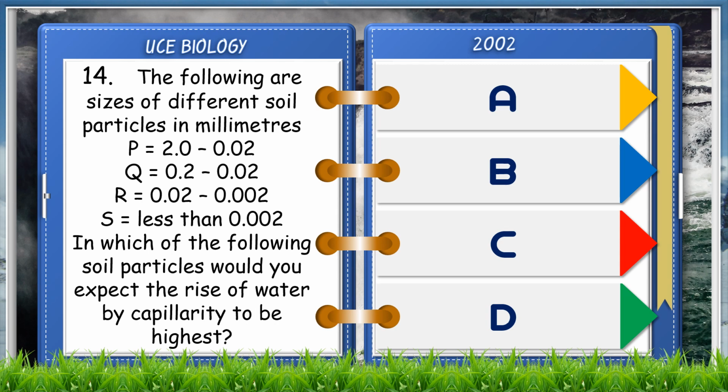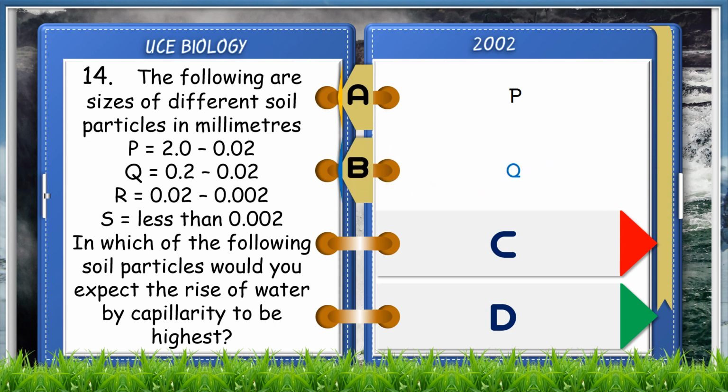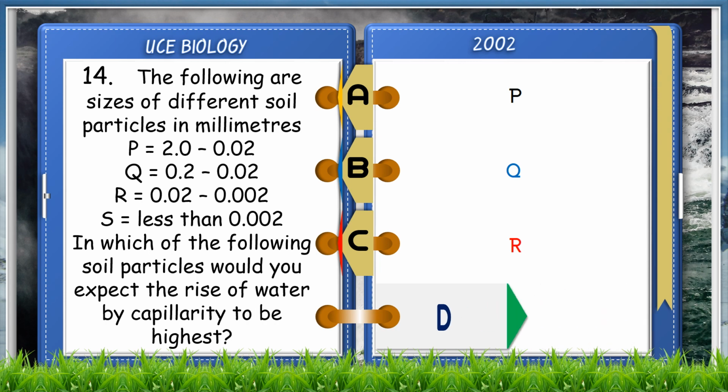S. Less than 0.002 millimeters. In which of the following soil particles would you expect the rise of water by capillarity to be the highest? A. P. B. Q. C. R. D. S. The answer is D. S.